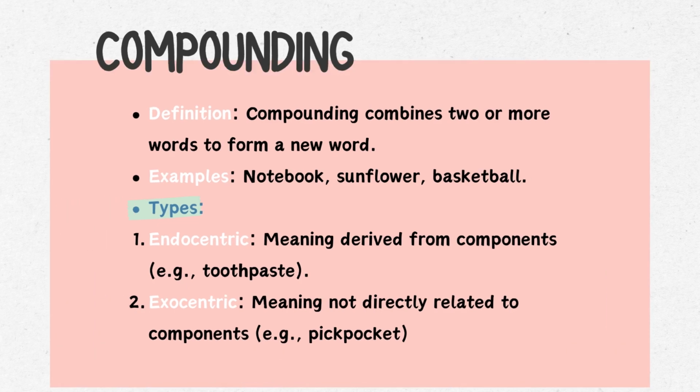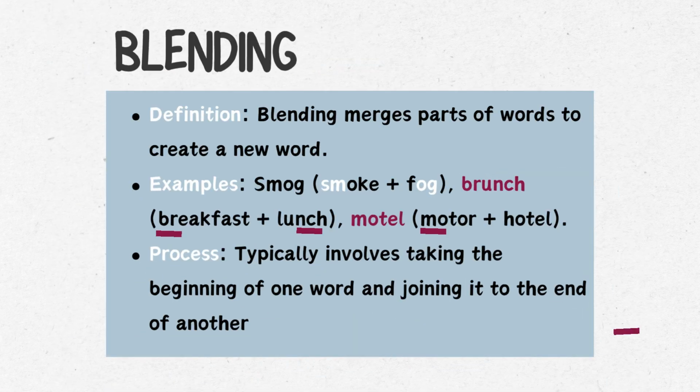Okay, so next we'll explore blending. Blending merges parts of words to create a new word. For example, smog from smoke and fog. The first two letters of smoke and last two letters of fog, they both combine to make the word smog. The same scenario is with brunch and motel.